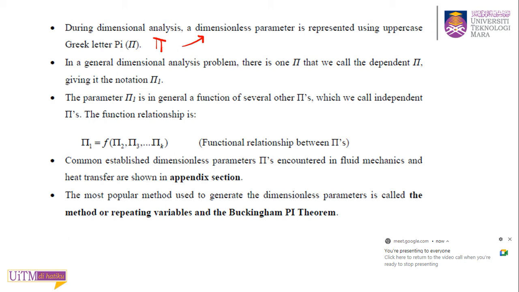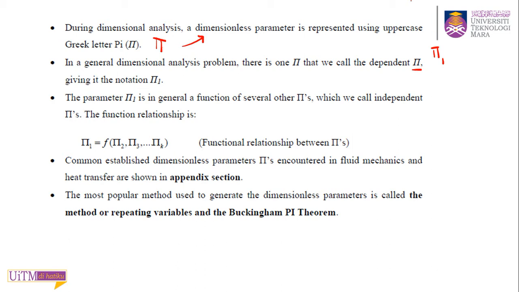In a general dimensional analysis problem, there is one pi that we call the dependent pi. So pi 1 is the dependent variable. That means this variable depends on something. It does not stand on its own.